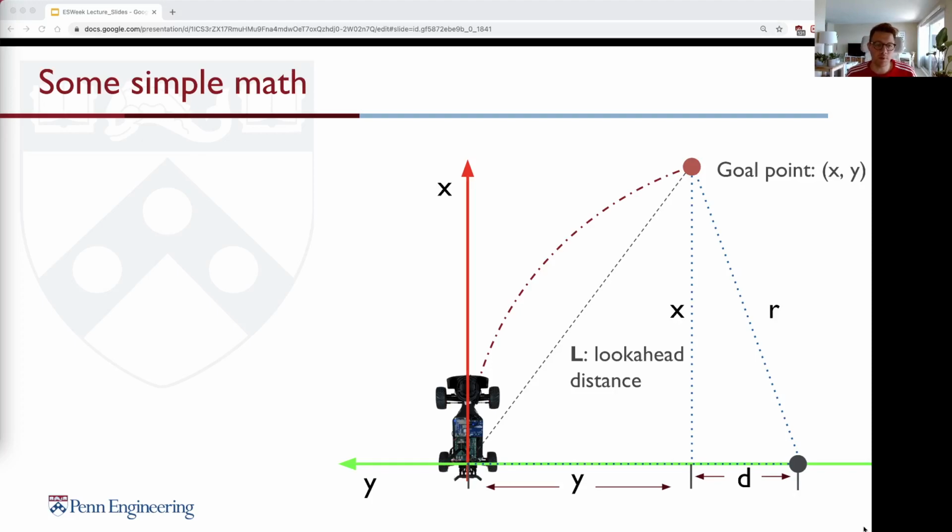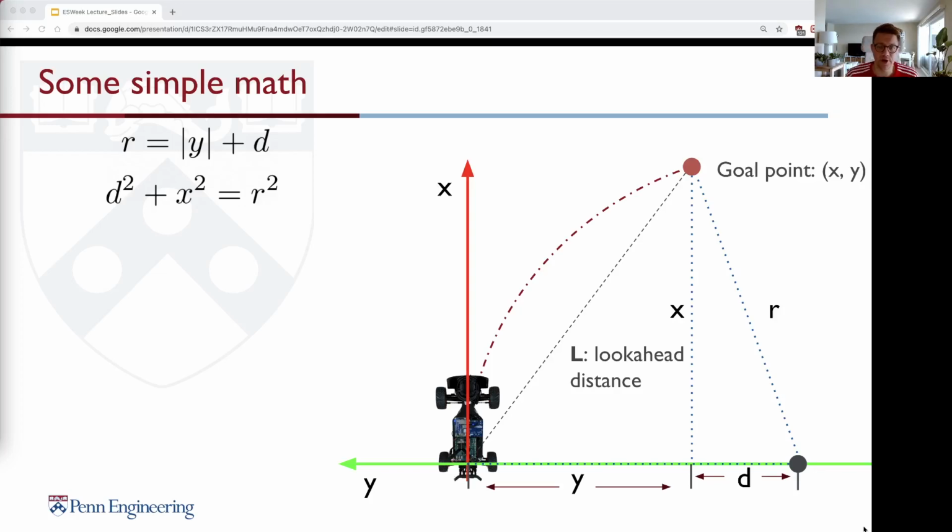Because what we want to get in the end is just the steering angle to reach this x and y point. So now we have to come up with some simple math. First of all, the radius of the arc equals the distance y we see here on the y-axis plus the distance d.